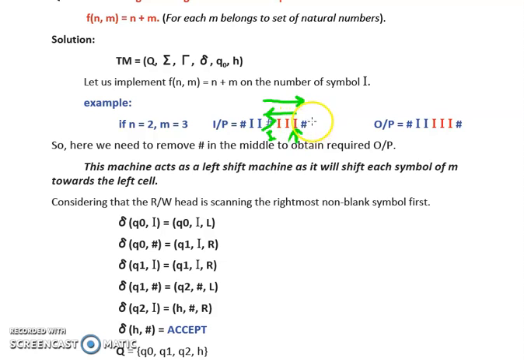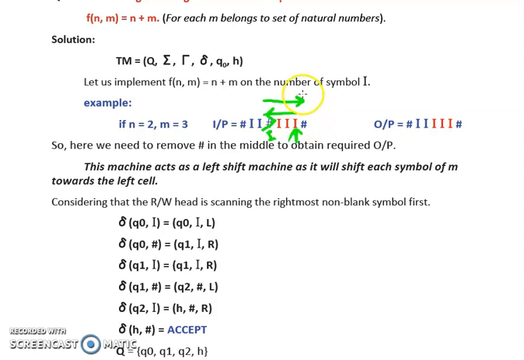Because this hash decides which is our last I. The I that is closest to the hash is our last I. So in order to identify the last I of our string, we need to move till the hash. Now we don't want to do anything with the hash. So we are replacing the value hash by hash itself, and we will change the state.